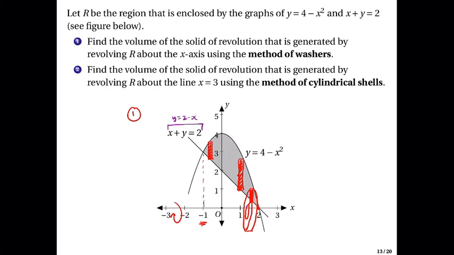So for the bigger radius, we have this, from this axis of revolution going to the farther function, and that's your 4 minus x squared here. So the bigger radius, it's 4 minus x squared. While the smaller radius, it's from the axis going to the nearer function, and we have the 2 minus x.